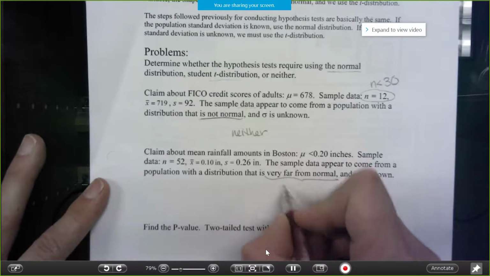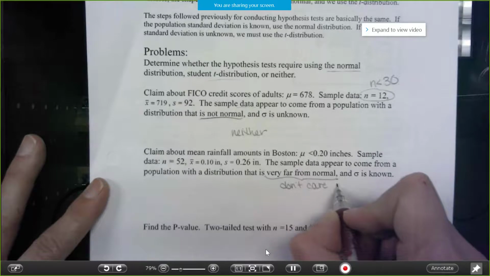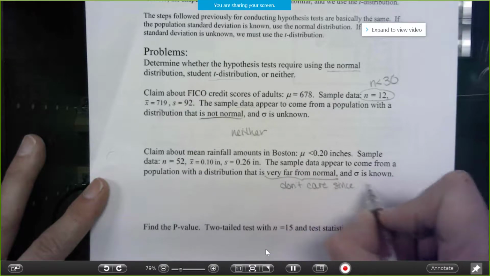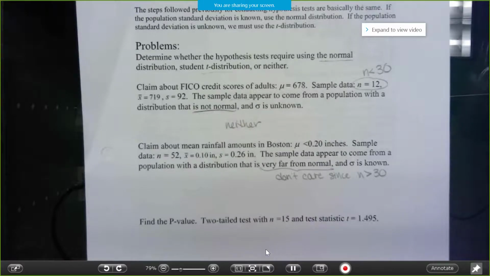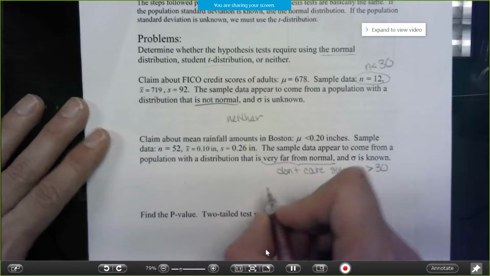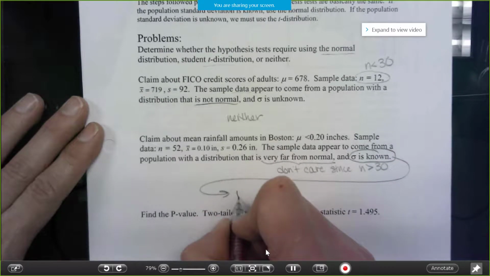This part, we don't care since n is greater than 30. And sigma is known. So would we use the normal or the t distribution then? Normal. The fact that sigma is known means that we're going to use the normal.